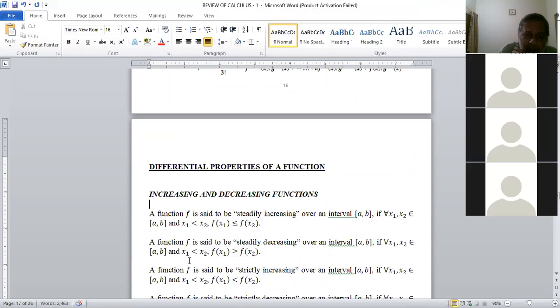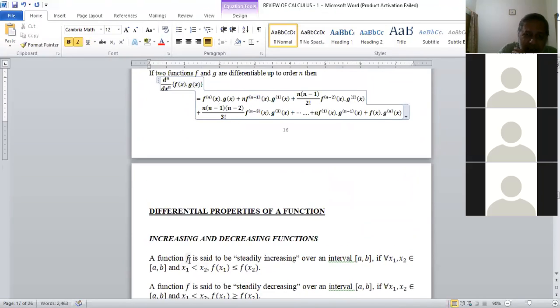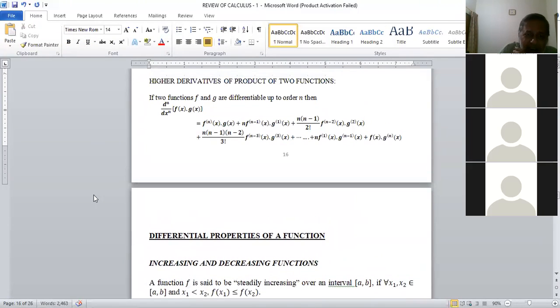One last thing before I go to the differential properties and analysis of function is that if you have two functions product, तो फर्स्ट डेरिवेटिव तो आपने u into v रूल के तौर पे पढ़ा है, लेकिन अगर मुझे 5th डेरिवेटिव या 10th डेरिवेटिव या 500 डेरिवेटिव निकालना है प्रोडक्ट ऑफ टू फंक्शंस का, तो फिर मुझे क्या करना है?